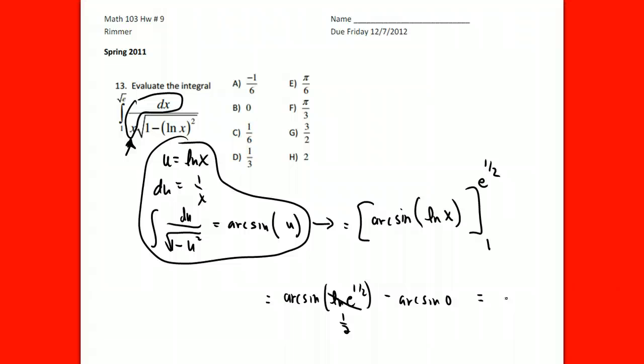I'll let you finish it from there. Yeah, go ahead. Now, go back and study the arcsine notes. The range of arcsine, the angles that come out of it, are from minus pi over 2 to pi over 2.